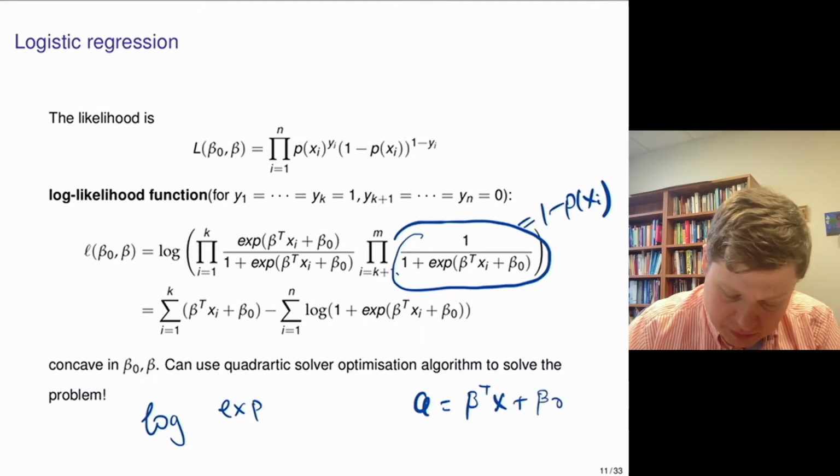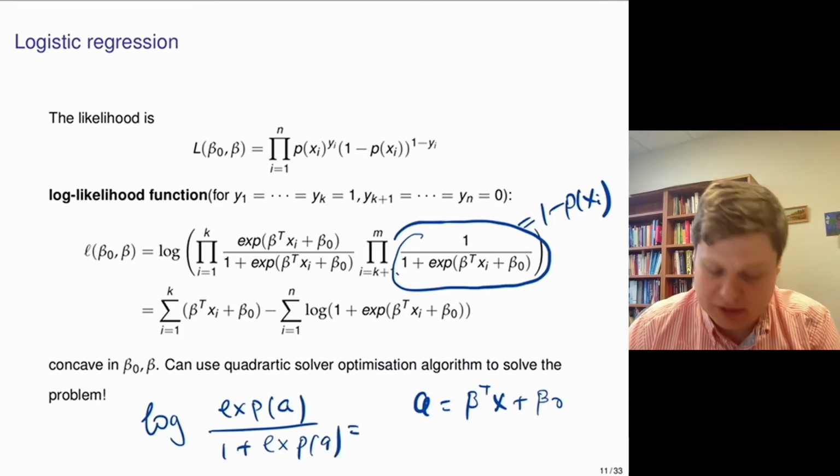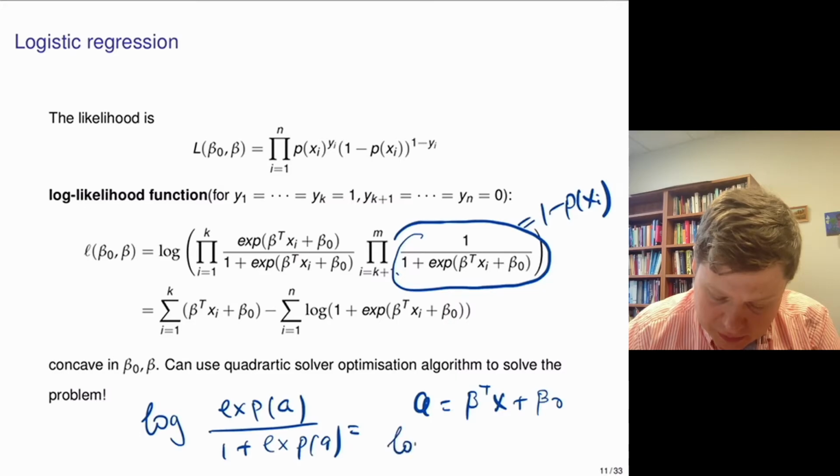And so we're going to have the log of the exponent of a over 1 plus the exponent of a, and the log of the ratio is the difference of the logs, so we're going to have the log of the exponent of a minus the log of 1 plus the exponent of a.